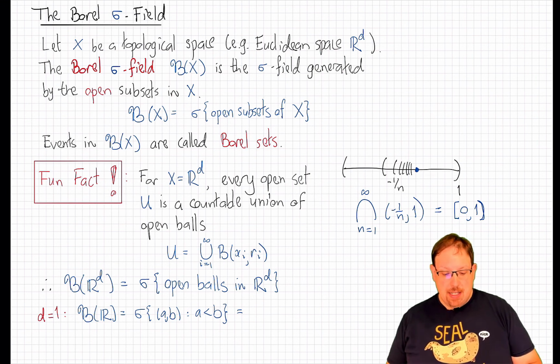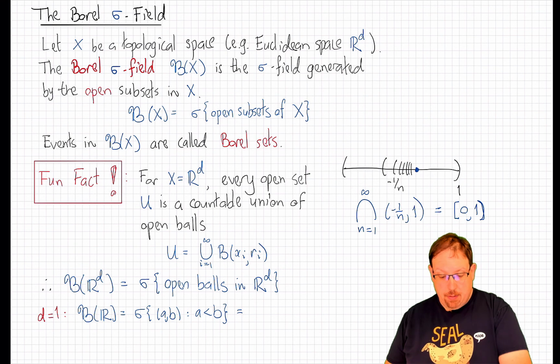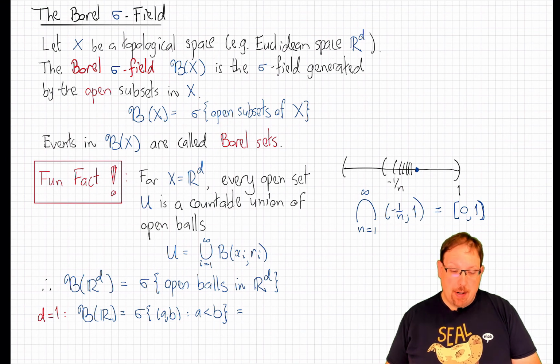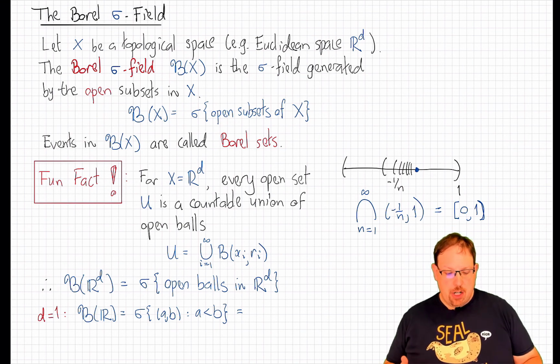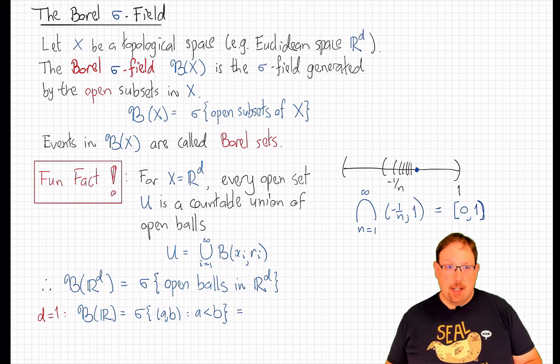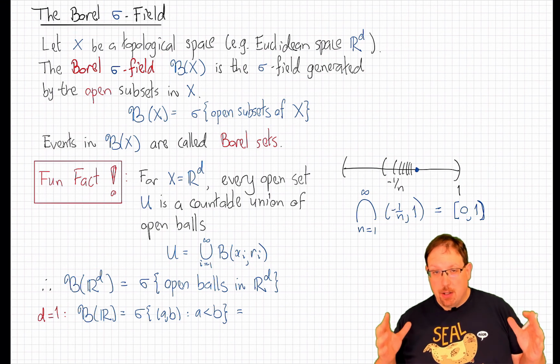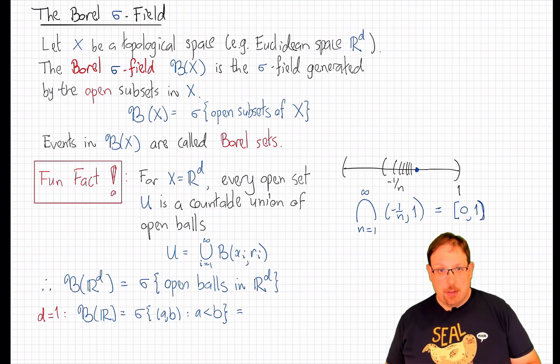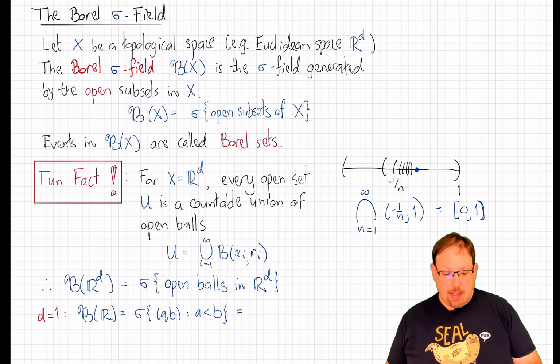We can even insist that the coordinates of the points and the radii are rational numbers. But we don't need to worry about that right now. So when we're taking the sigma field generated by the set of all open sets, we can consider a potentially smaller sigma field generated by just the collection of open balls. In fact, those will be the same because of this fun fact.